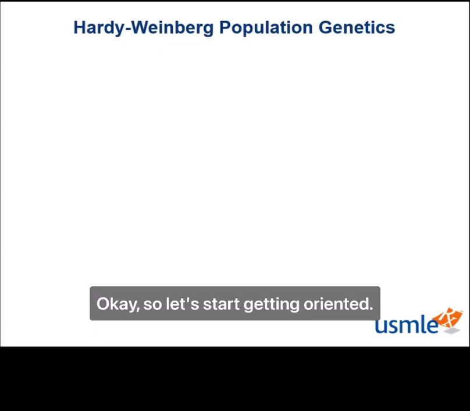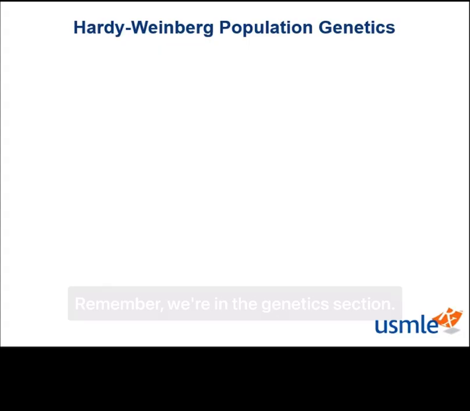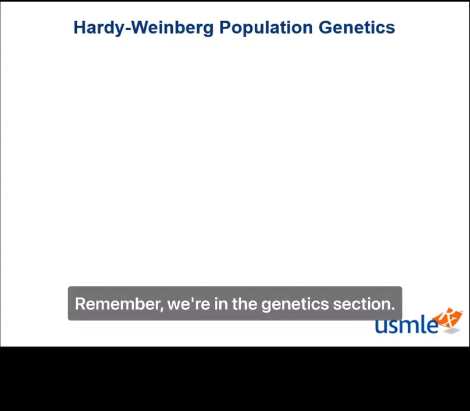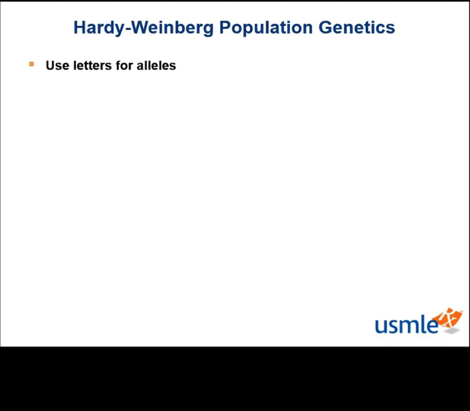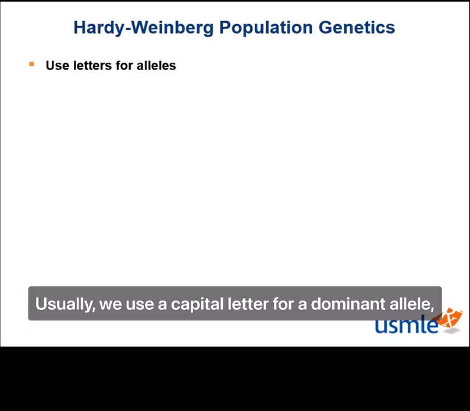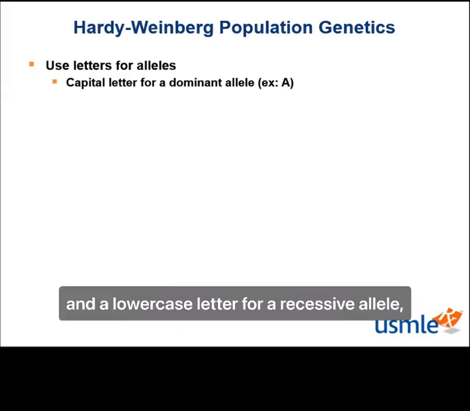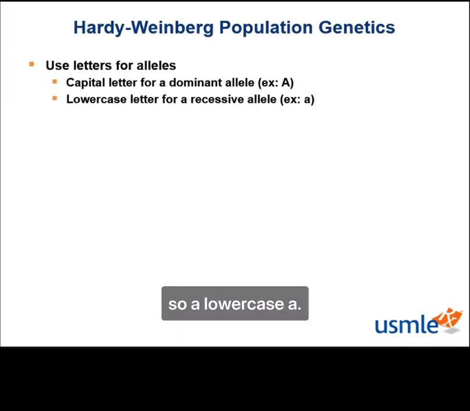Okay, so let's start getting oriented. Remember, we're in the genetics section, so more often than not, we use letters for alleles. Usually, we use a capital letter for a dominant allele, like a capital A, and a lowercase letter for a recessive allele, so a lowercase a.